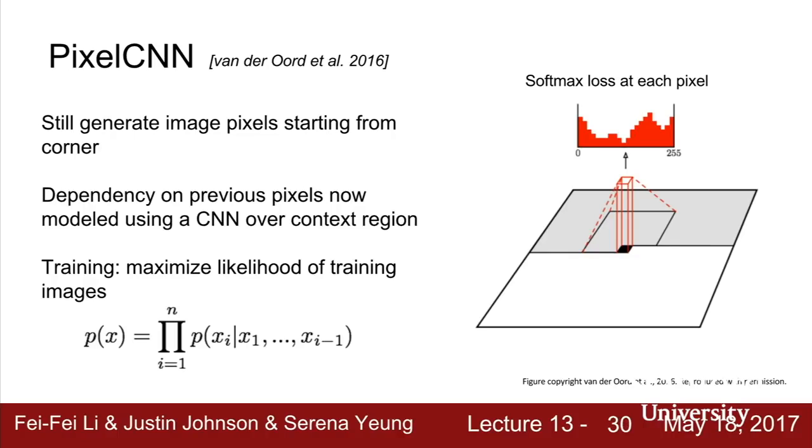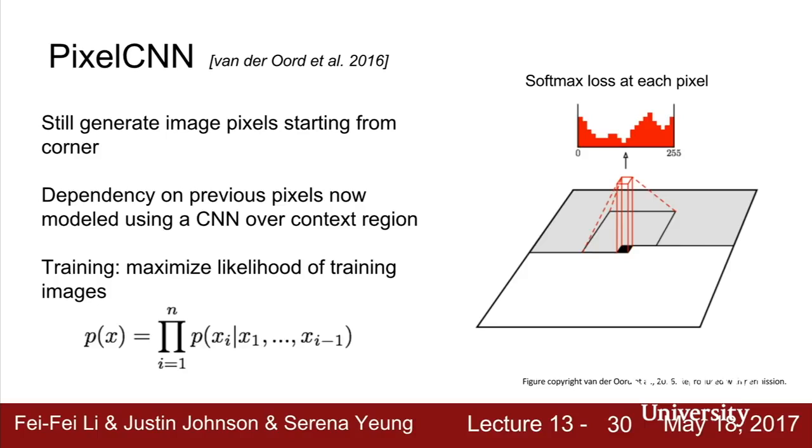So this gives us a CNN, a neural network, at each pixel location. The output of this is going to be a softmax loss over the pixel values, in this case 0 to 255. Then we can train this by maximizing the likelihood of the training images. We take a training image and go through this generation process.